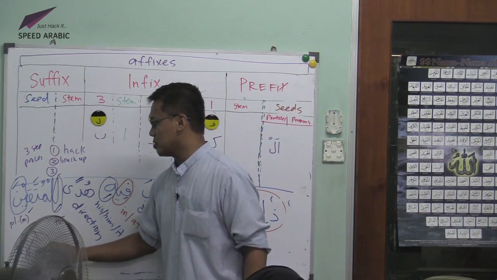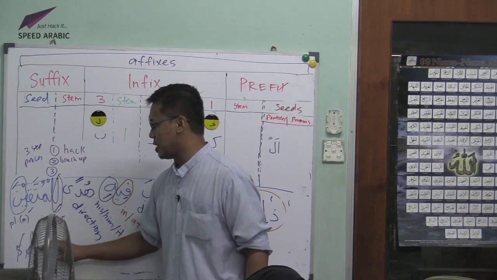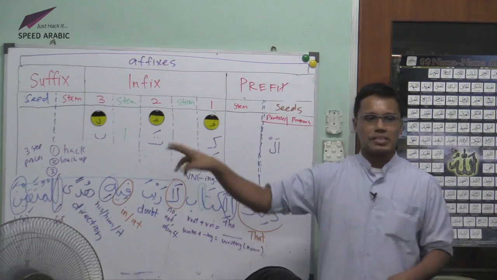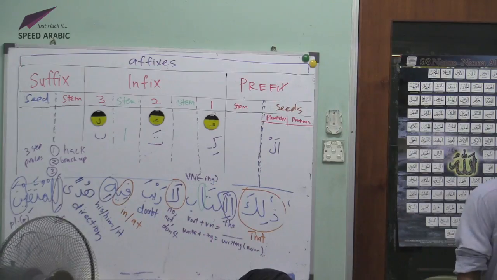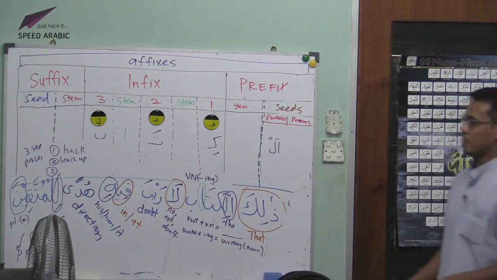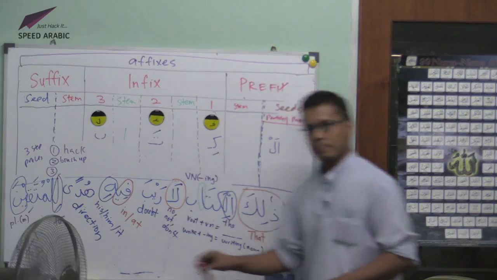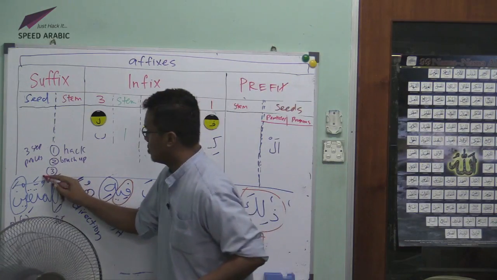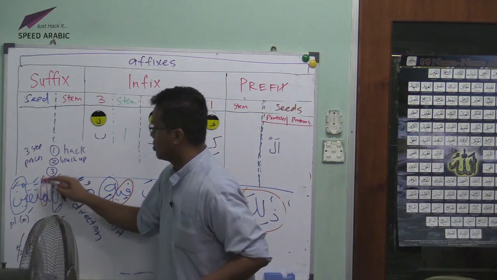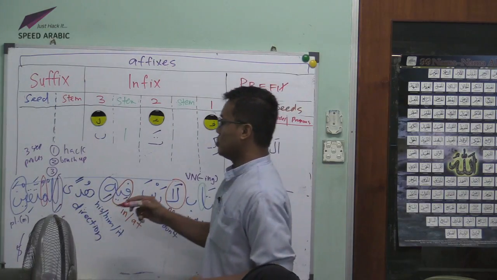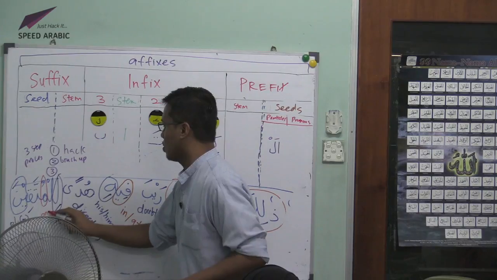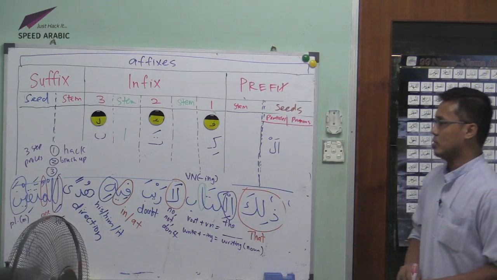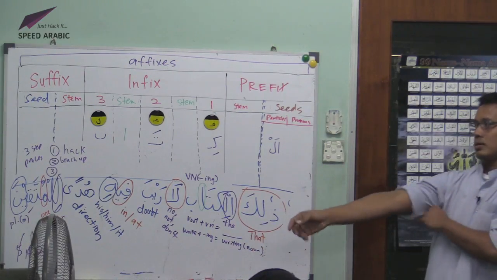Minus 2. You are left with 2 more. Okay. Can you see something familiar there? Noun indication. Is there a noun indication there? Mu, right? Mu means one who.